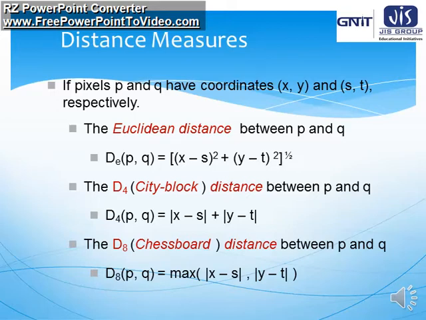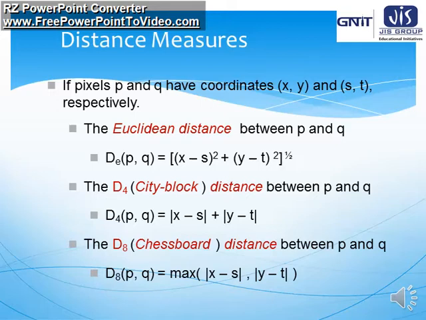Now if we consider any two pixels, one is P and another is Q, we can measure the distance between that particular P and Q. Here, if pixels P and Q have coordinates (x, y) and (s, t) respectively, then we can see three different formulas to find the distance between them.